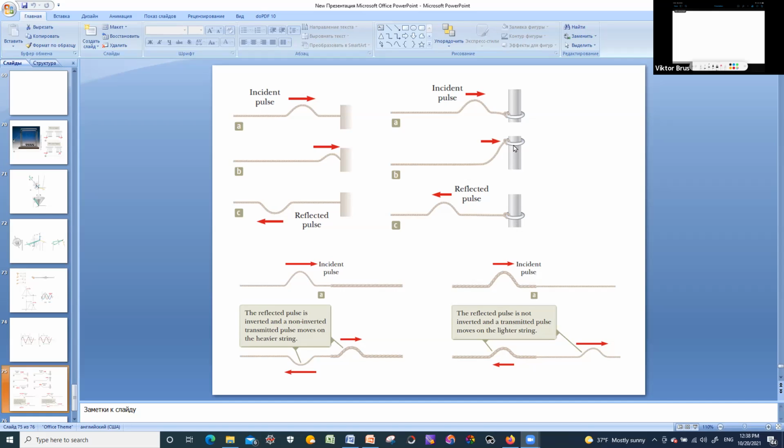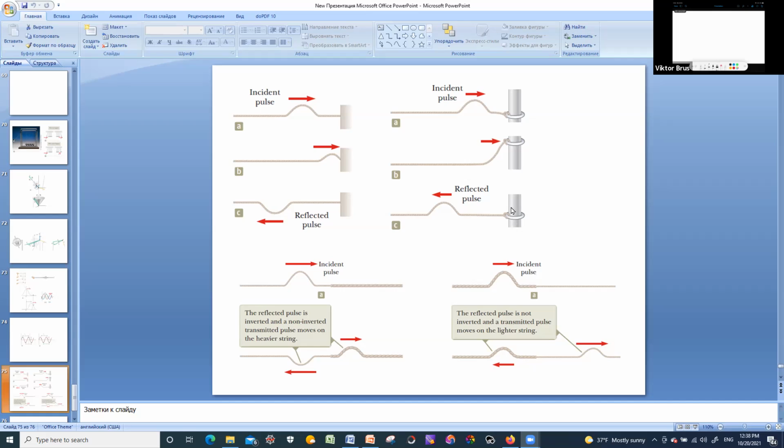Since it's light, it does not fix this end as in the previous example. There is no counter force, it just goes up, reaches the amplitude value of displacement of this pulse, and then goes down.